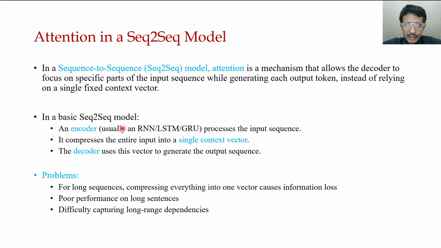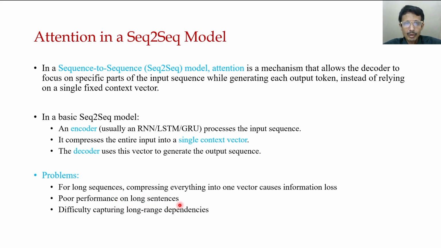So what does a basic sequence to sequence model do without attention? The encoder processes the input sequence and compresses the entire sequence into a single context vector, and the decoder uses this vector to generate the output sequence, as we have discussed. The problem is that we are compressing information, so we may lose some information.